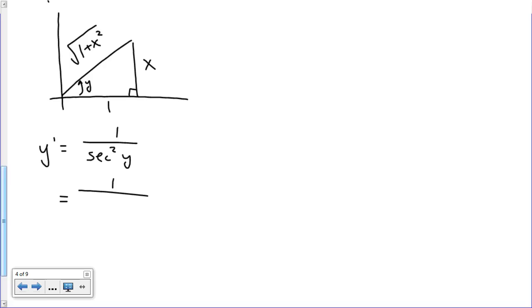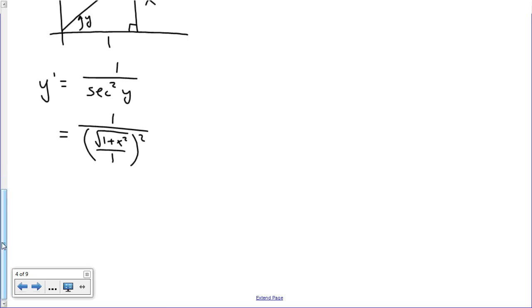So secant of y, if I look at my triangle up here, secant is the reciprocal of cosine, so secant would be the square root of 1 plus x squared over 1. That's what secant of y is equal to, but I wanted secant squared, so we have to square this thing. Notice what I've done here is I've got this back in terms of x.